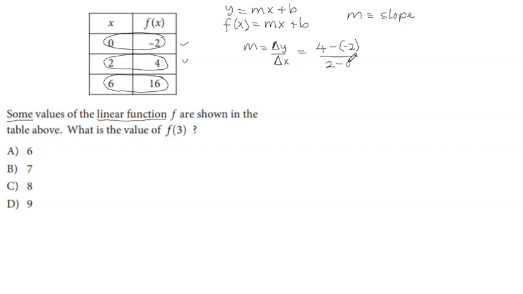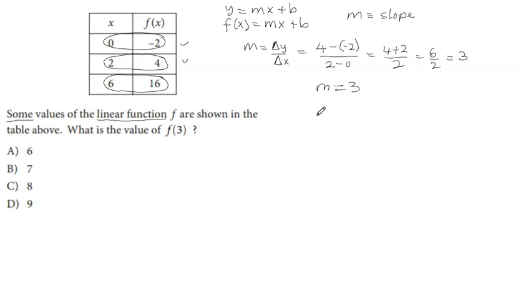That's easy. On top, I have 4 minus negative 2, which becomes 4 plus 2. So 4 plus 2 over 2, which is 6 over 2, which calculates to be 3. So my slope is equal to 3.